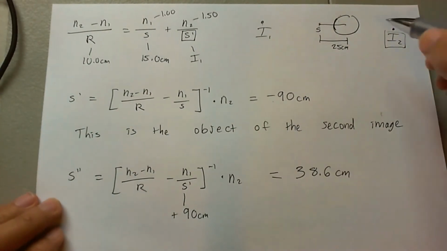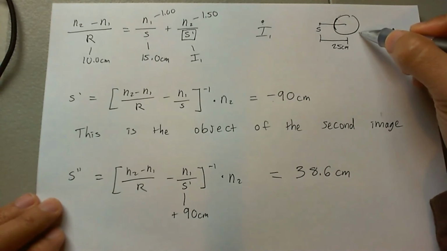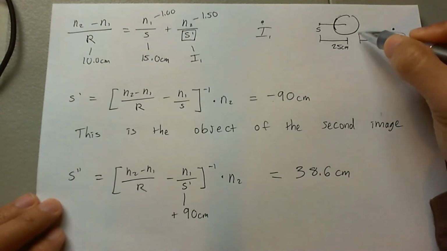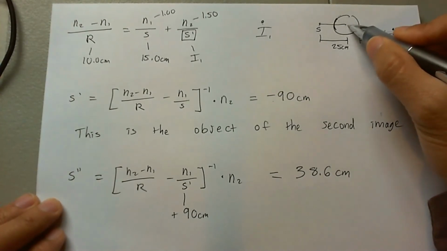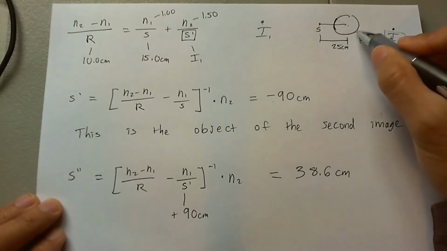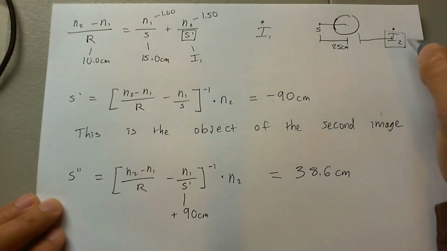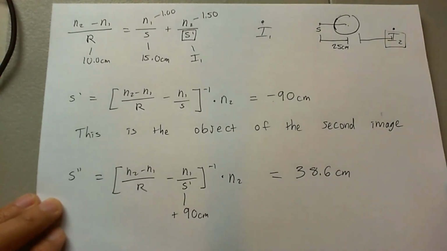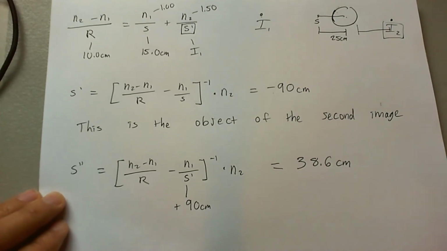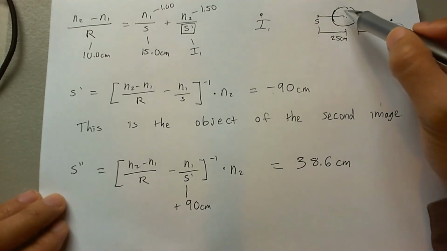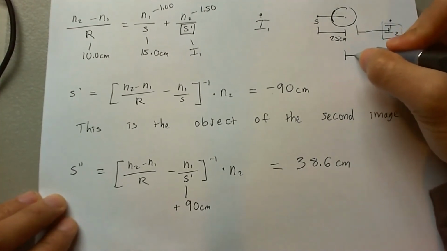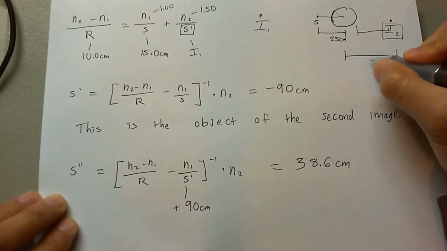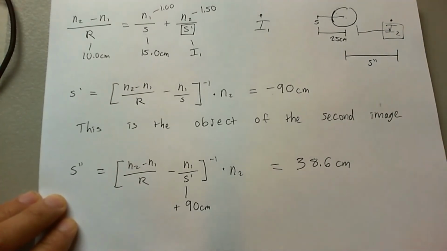So if we want to say how far it is from, say, the center of the sphere, or how far it is from the right edge of the sphere, we'd have to specify that. So let's go ahead and just say, for our purposes, how far it is from the center of the sphere.